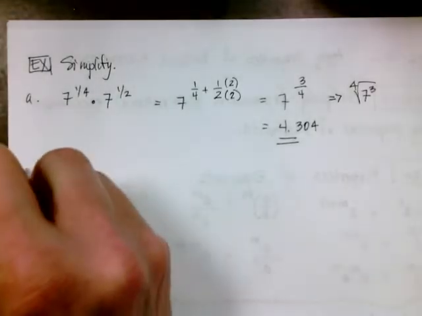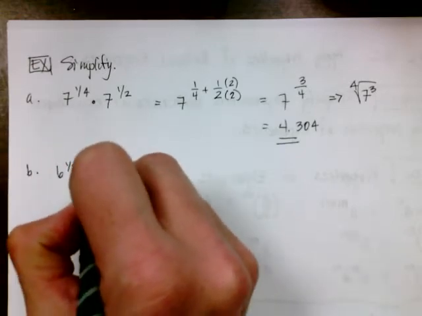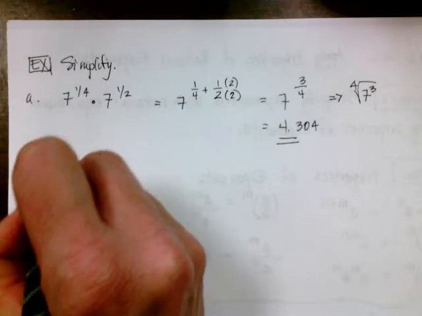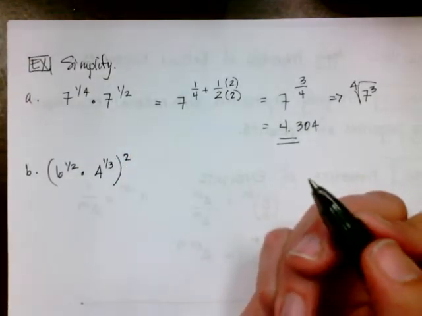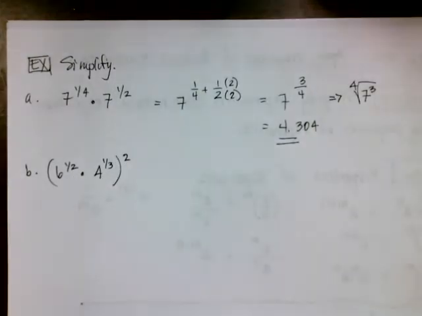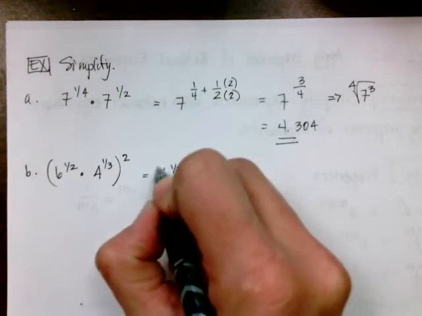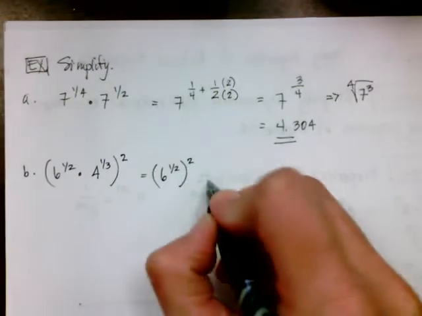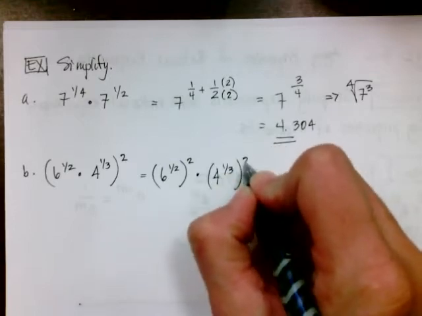All right, my next example, B, I'm going to do 6 to the 1/2 times 4 to the 1/3, and I'm going to raise both of those to a second power. A power to a power is multiply, and I'm going to manage each piece separately. So this is going to be 6 to the 1/2 raised to the second times 4 to the 1/3 raised to the second.